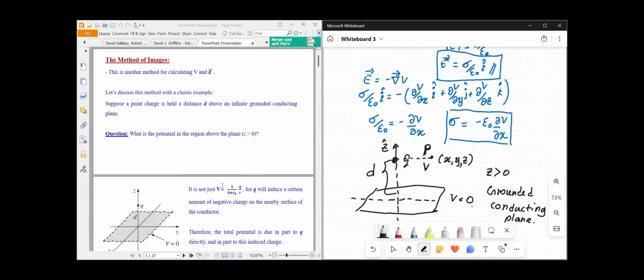If I just consider the distance and the charge, then the potential will be 1 over 4 pi epsilon naught, q over r, if r is the distance from this point to this point P. But since this conducting plane will induce a certain amount of negative charge, we cannot directly calculate the potential by looking into this equation.